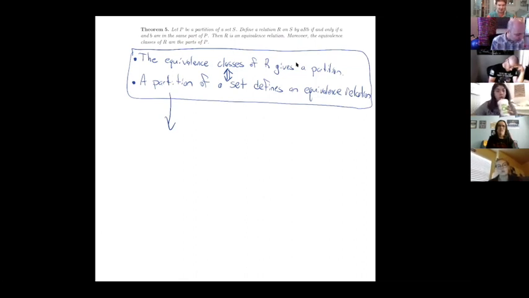The big takeaway is why equivalence relations are desirable: it's because they partition the set into a bunch of equivalence classes. And that's a nice property, to have a nice partition.